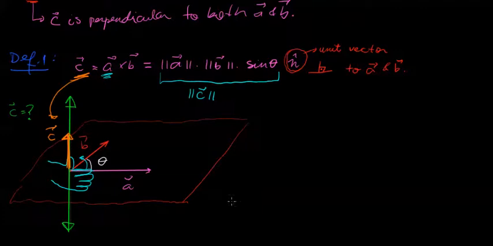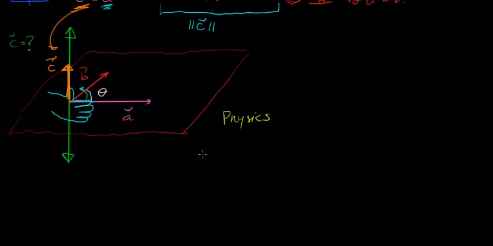In physics, the cross product comes up very often, and so let me write it down here. So in physics, there are many examples. I'll pick one as a property of torque. So torque is defined, so this is torque, and it is defined as the cross product between vector R, position, and force.